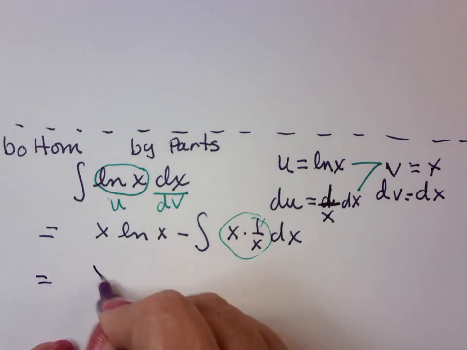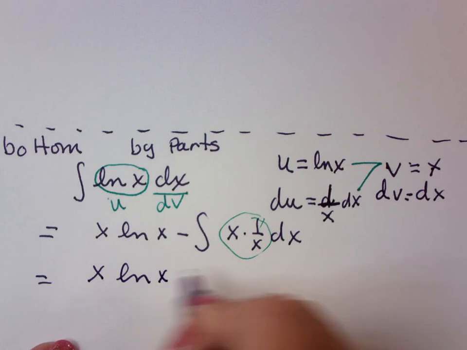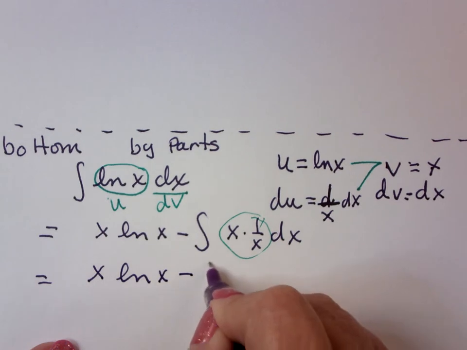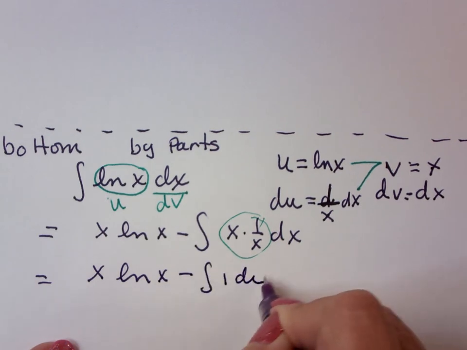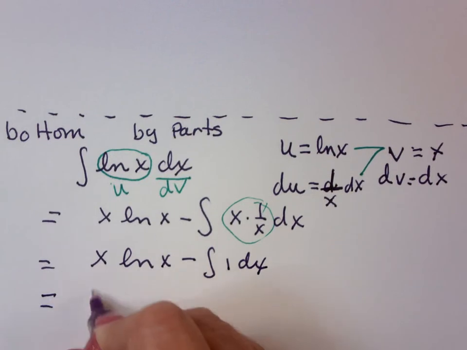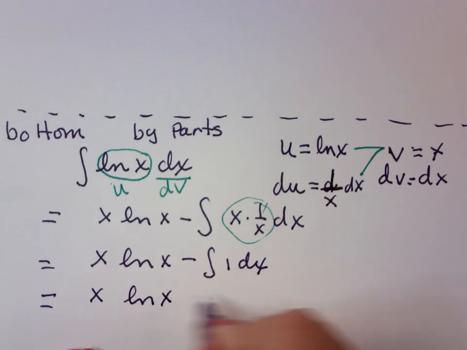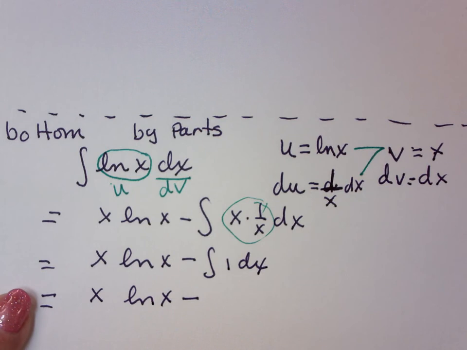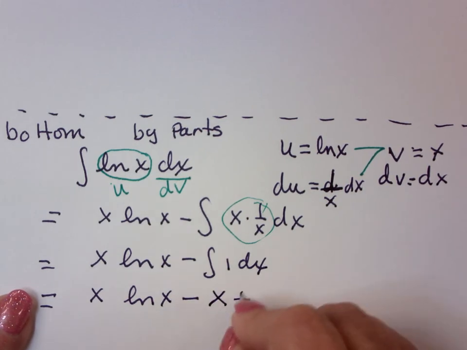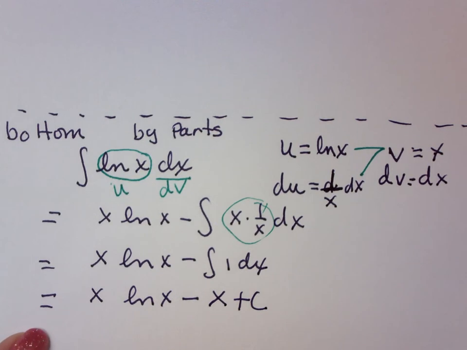So this is x natural log of x, minus the integral of 1 dx, which is x natural log of x minus the integral of 1 is x, plus c. And that I'm going to bring back up and place in the others.